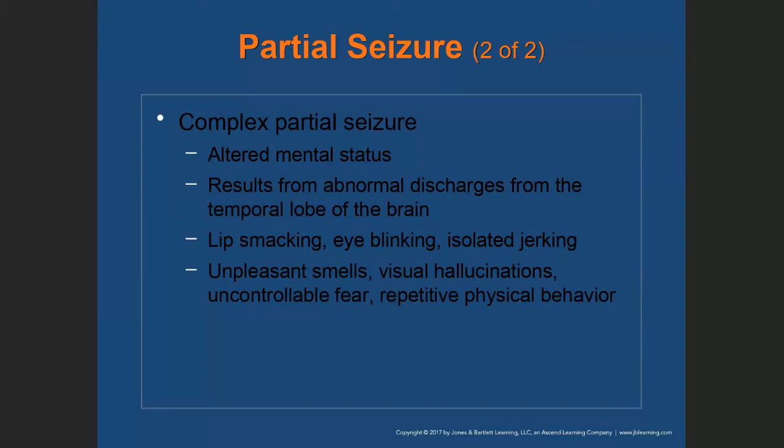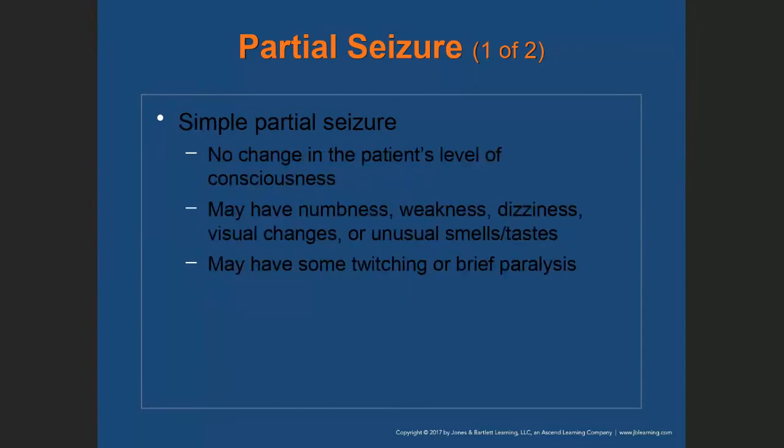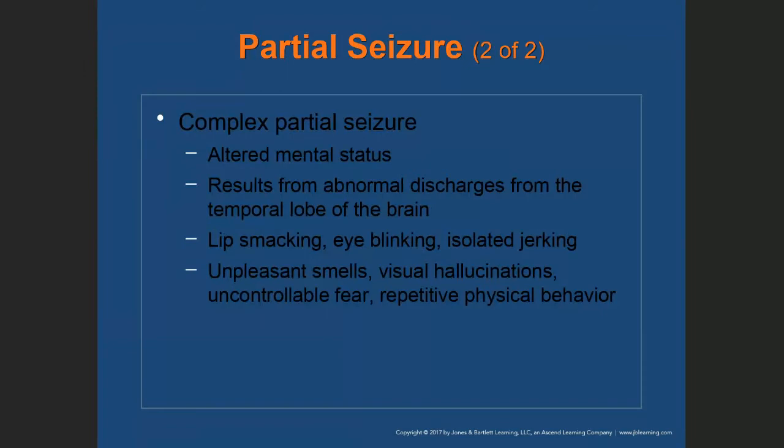So again, your partial can be simple, simple meaning no change in level of consciousness, or complex, meaning there is altered mental status, but the patient is not unresponsive. So the patient is not completely unresponsive, but they are displaying an altered mental status. Once consciousness goes with a seizure, that is generalized.